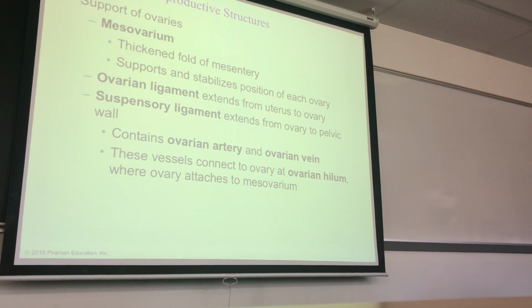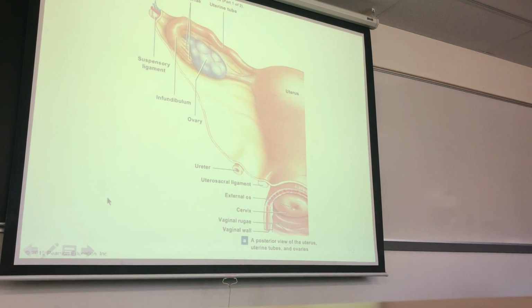The ovaries are suspended to the pelvic wall by the ovarian ligament and the suspensory ligament. If we look at this, here is the ovarian ligament right here, and here is the suspensory ligament out here. The suspensory ligament has the ovarian artery and vein inside it. You can also see the broad ligament as well.